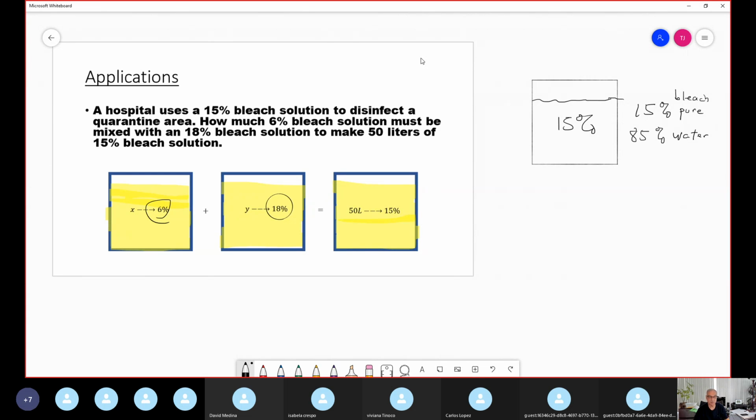Suppose instead of 15 it is 30%. It's impossible to create this solution because we have available 6 and 18. And when you mix together, you expect one concentration in between 6 and 18. No? So 30% is impossible. But 15 is yes, it's acceptable in this problem, right?